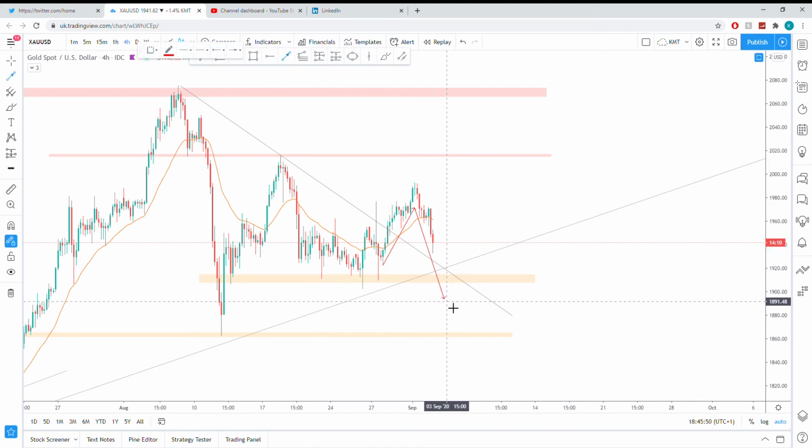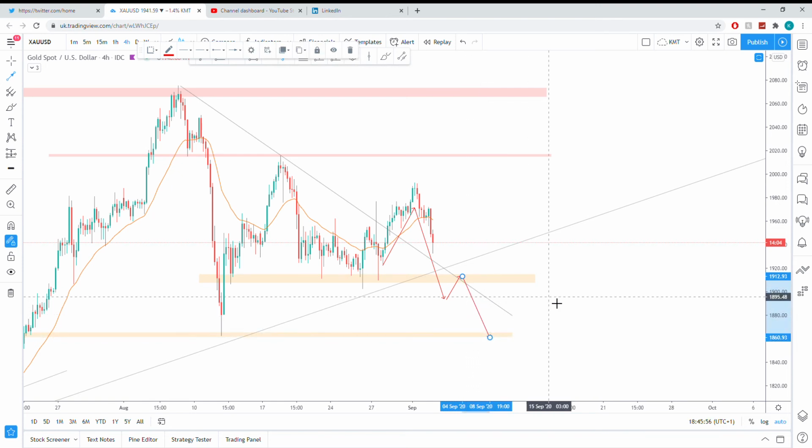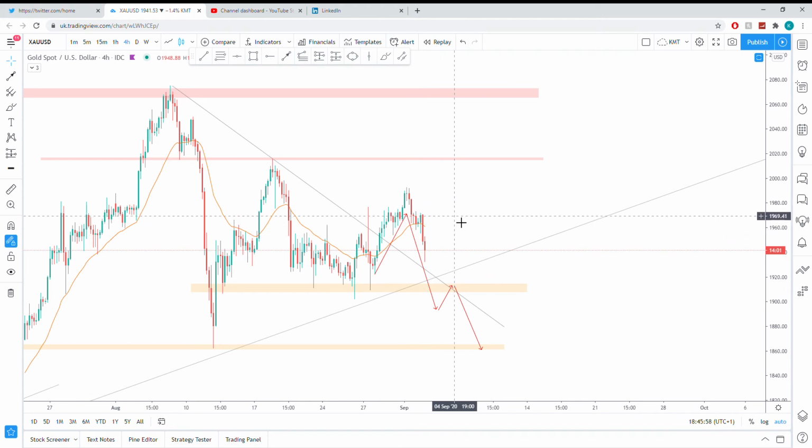If we do manage to fall down even further, we could be looking at a retest of this zone, so 1900 and potentially into 1860. So again, that's all I've progressed and calculated over the last few days or so, especially monitoring the sell-off here in comparison to this strength in the gold as well.